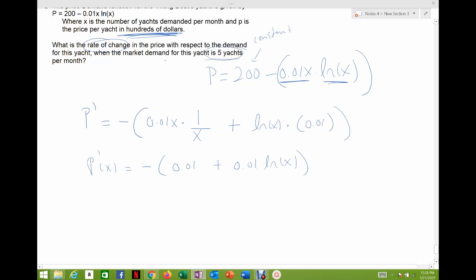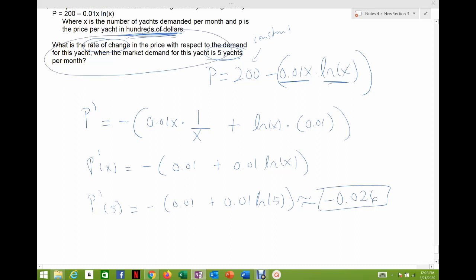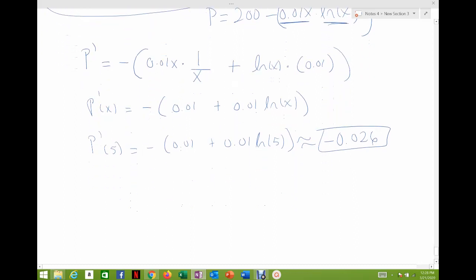Alright, now I'm ready to plug my value 5 in, so I'm going to find my derivative of the price equation at 5. So again, I'm going to plug 5 into this equation. So 5 goes into the natural log part, and then I'm going to round a few decimal places. Comes out negative 0.026. Right, remember, that's not my answer. I've got to answer the question with the appropriate units because it's an application problem.